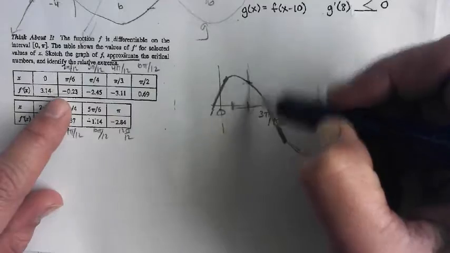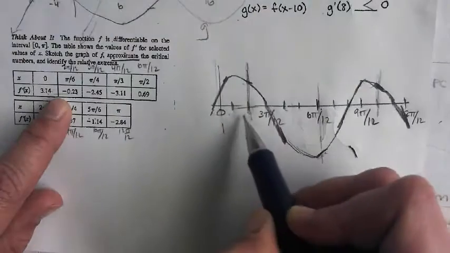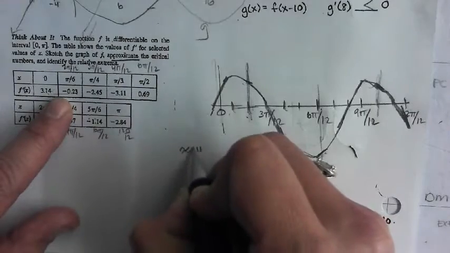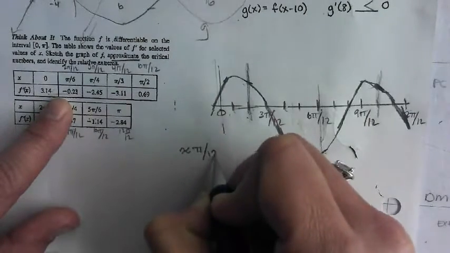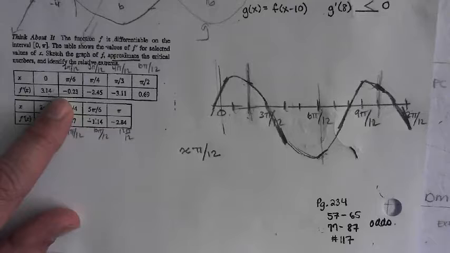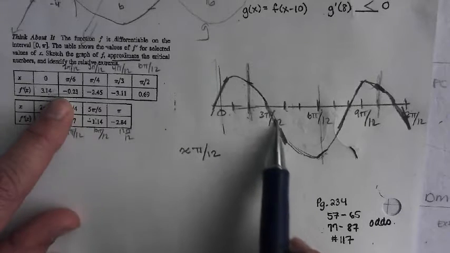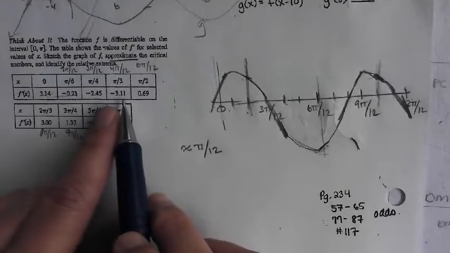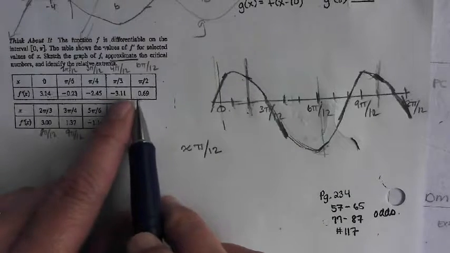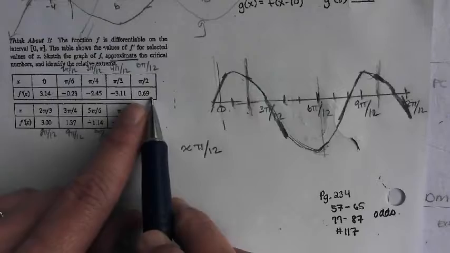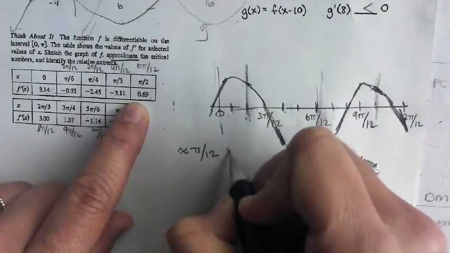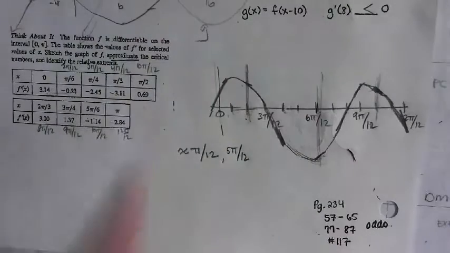If it's decreasing there, increasing, and this is 2 pi over 12, maybe we would approximate pi over 12. Anytime there's a shift from negative to positive, this one's going to be much closer to pi over 2. So 6 pi over 12, let's just say 5 pi over 12. We'll keep everything in terms of 12.